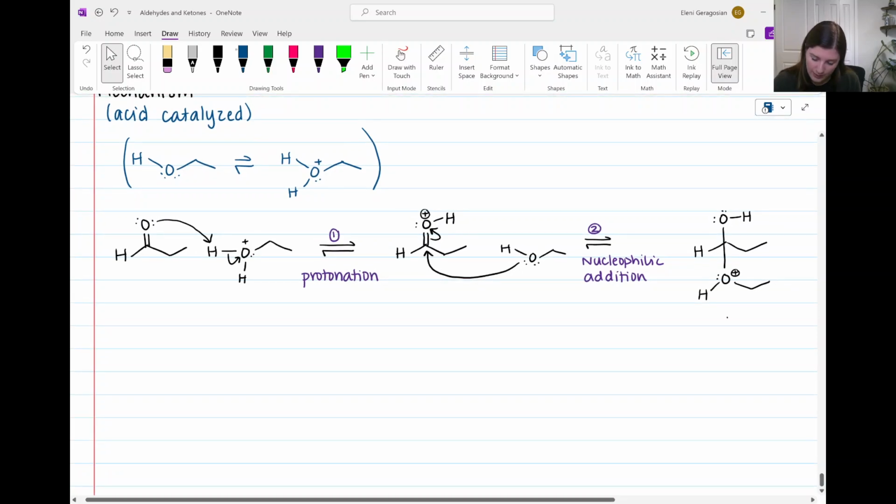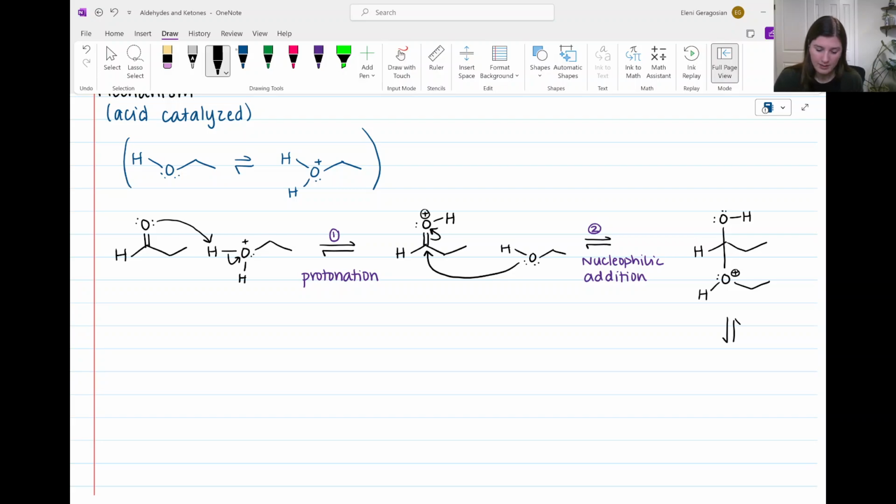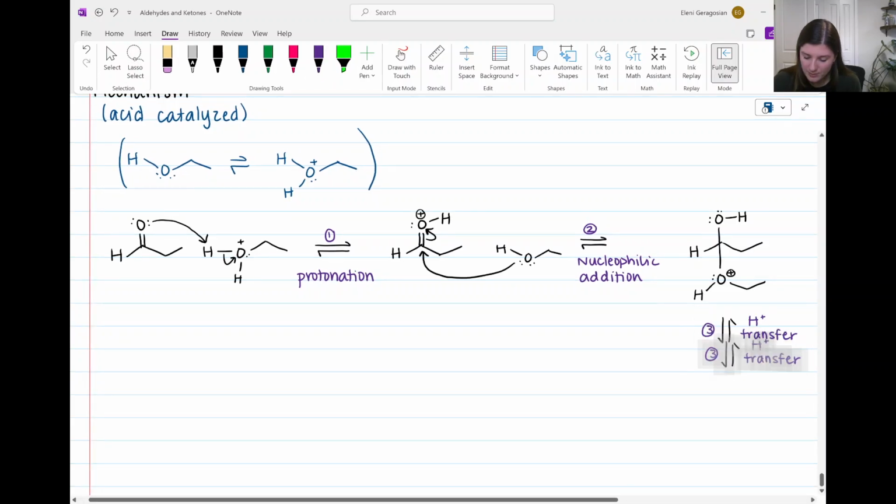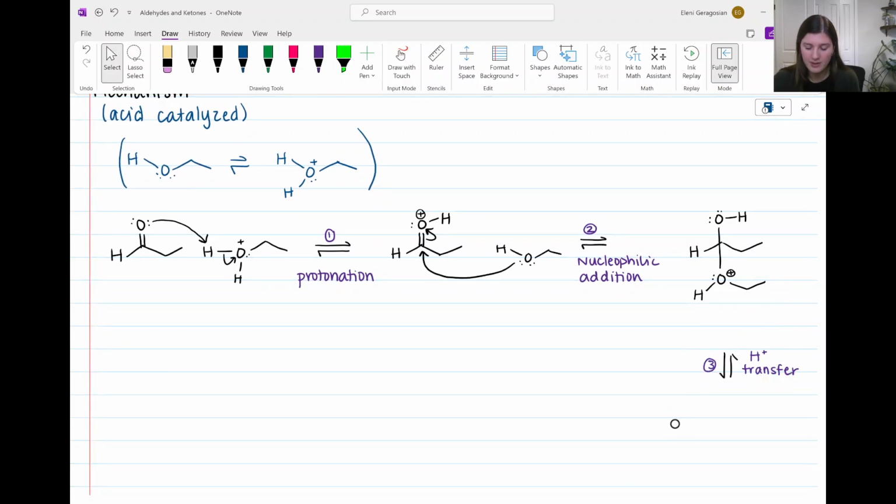So step 3, we're going to start working down and then to the left. Step 3 is another proton transfer reaction. In this case, we need to deprotonate that part of the molecule with the positive oxygen.